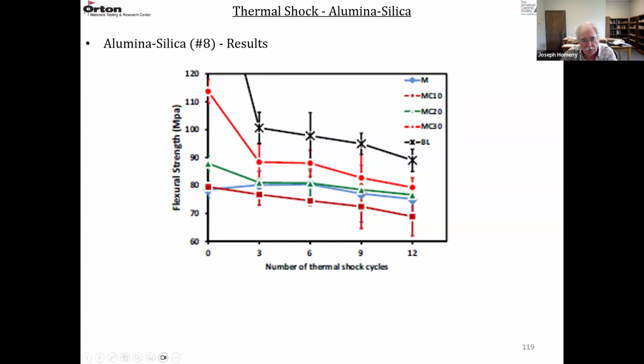You can see that it was pretty constant as a function of the number of cycles. And then MC30 is somewhere in between mullite and corundum, this red curve here. And then the green and this other burgundy one are not too bad either. This one lost a little more strength, the one with the MC10.